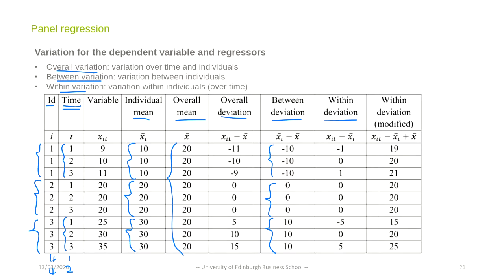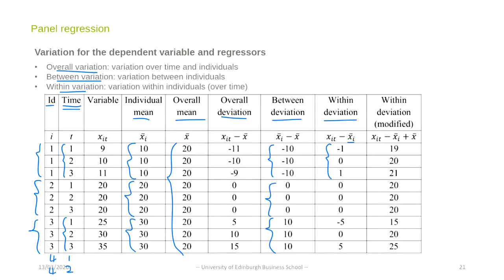And the next one is called within deviation. This is very interesting. Within deviation is where we take every single data point and subtract the individual mean. So this is the difference over time for every single individual, because the individual mean is the mean for every single person. We would like to see how this person's performance across time compares with his own mean across all the time.